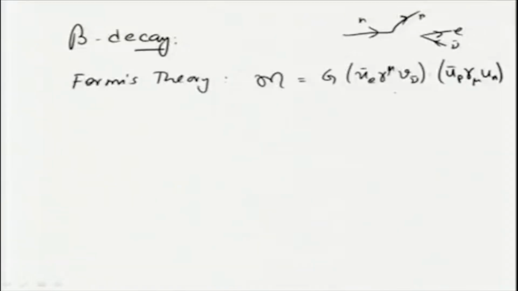This cannot have parity violation, because it is a vector current interaction.